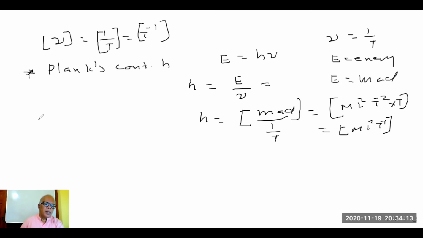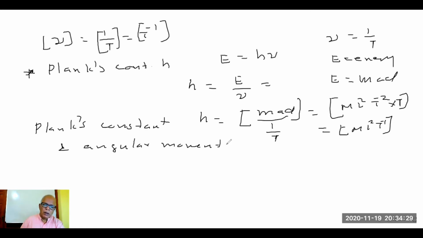Important point to note here: Planck's constant and angular momentum have same dimension.